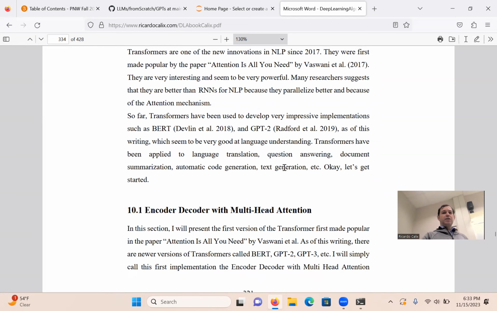So as you can see here, it's kind of dated. So far, transformers have been used to develop very impressive implementations, to me at least, such as BERT and GPT-2. And obviously, this does not include Llama and ChatGPT and all of those, which are way more recent and have even surprised many people.